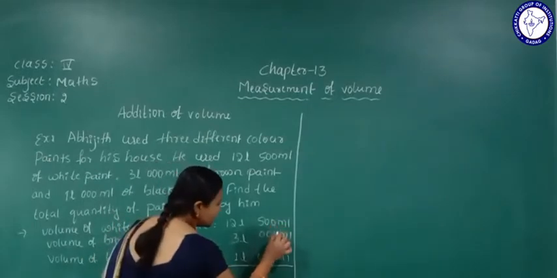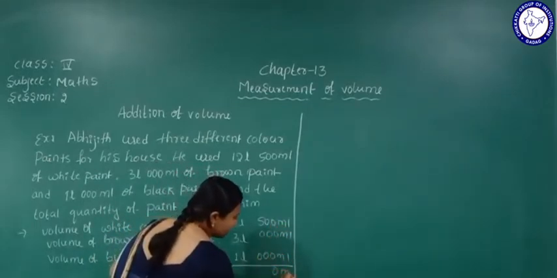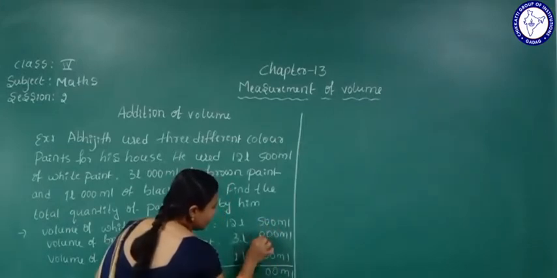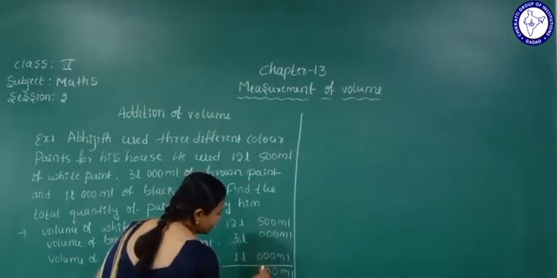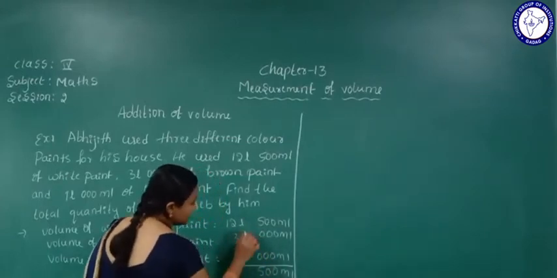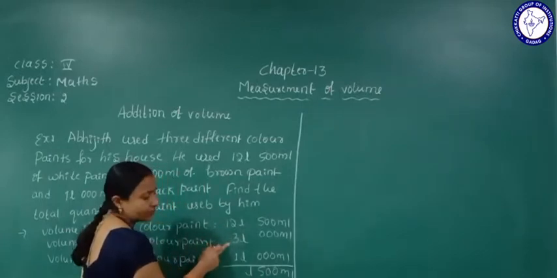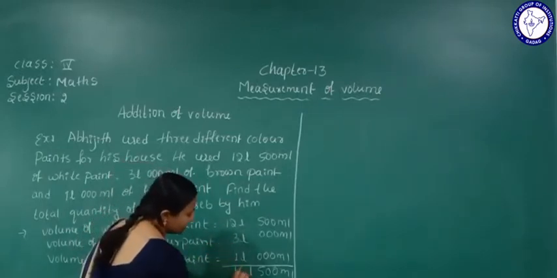Totally how much quantity of paint did he use for his house? In ml: 0 plus 0 plus 0 is 0, 0 plus 0 plus 0 is 0, 5 plus 0 plus 0 is 5. In liters: 12 plus 3 is 15, 15 plus 1 is 16.